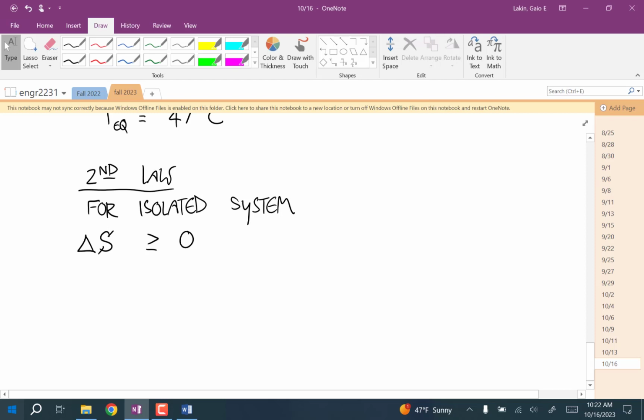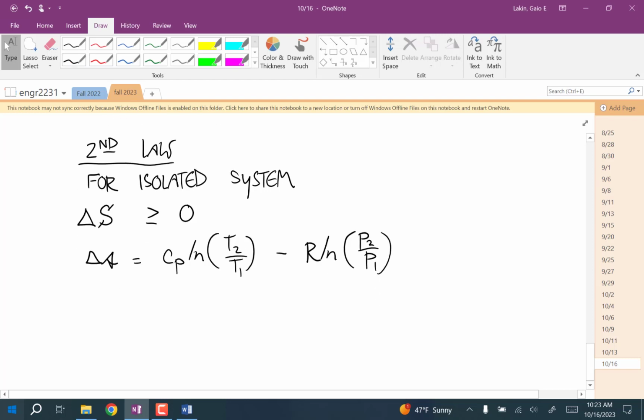Okay, so we are going to use this equation that says the change in specific entropy is equal to Cp times the natural log of T2 over T1 minus R times the natural log of P2 over P1. That says that one thing that we need is the initial pressures of those two amounts of air and the final pressures of those two amounts of air.